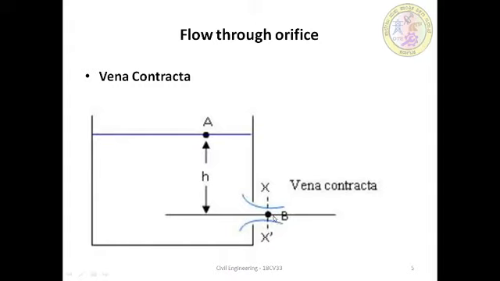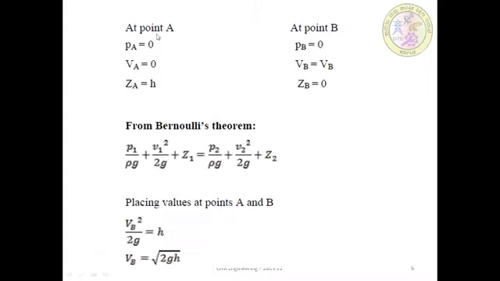The height of the water we can see as H. Based on this, we'll see some of the things at point A as well as point B. The pressure at A is 0, because both A and B are at the level of the atmosphere, so no pressure is there at point A as well as at point B.